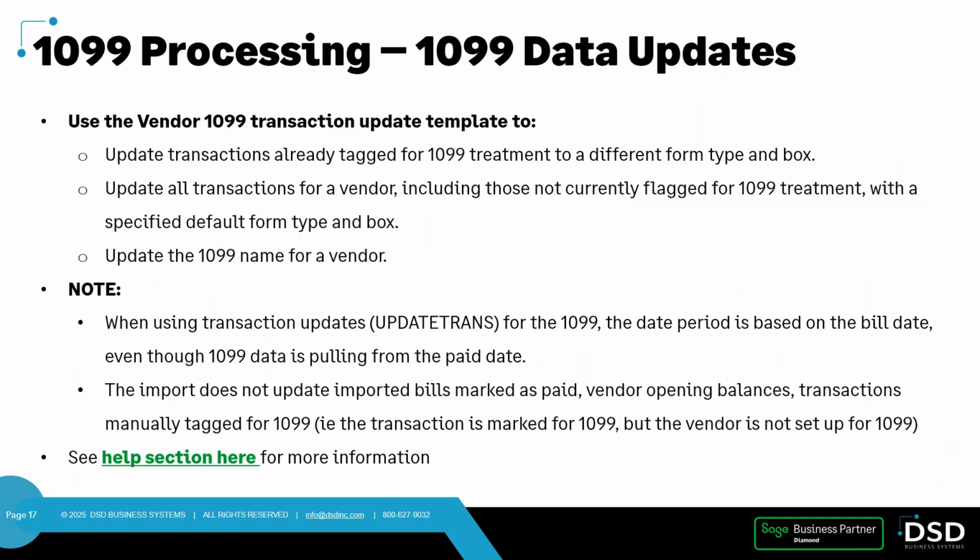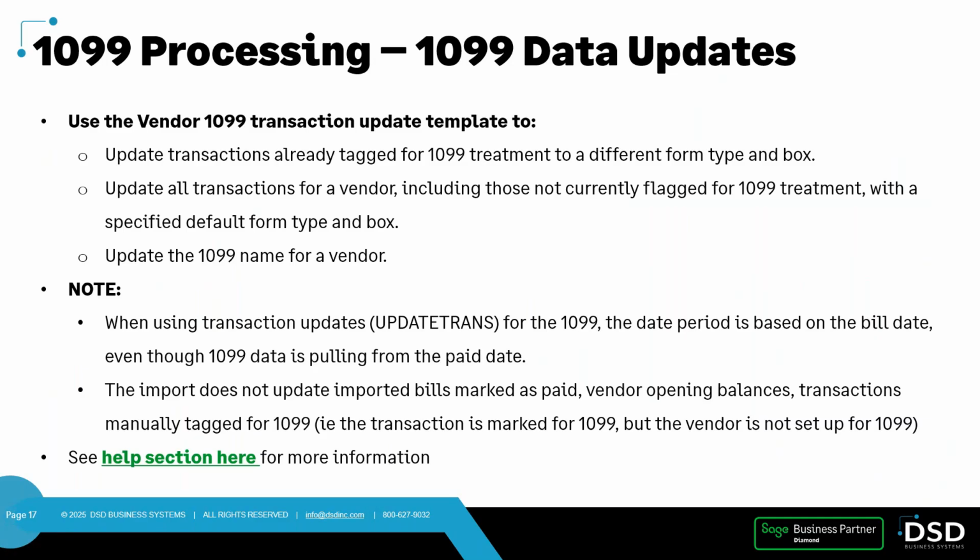When using the vendor 1099 transaction update template, this is used to update your transactions, mostly AP bills, in bulk. And we do want to make sure that we point out some things about this update template.